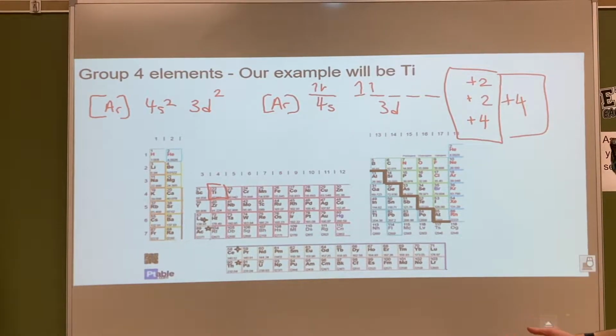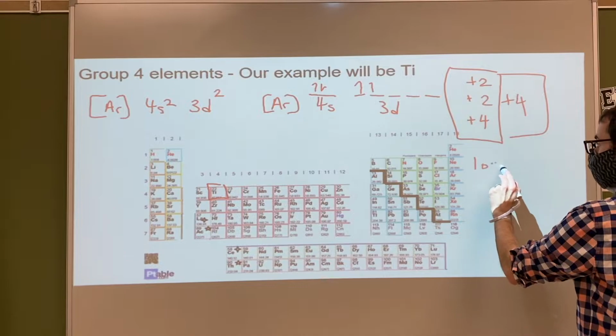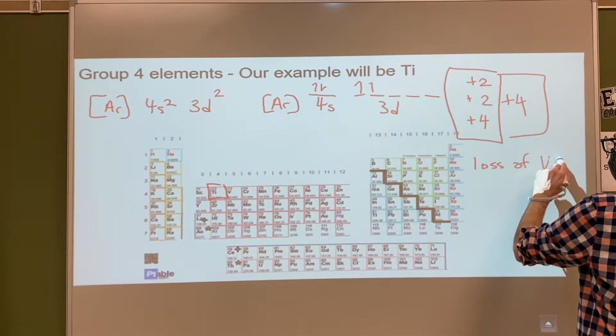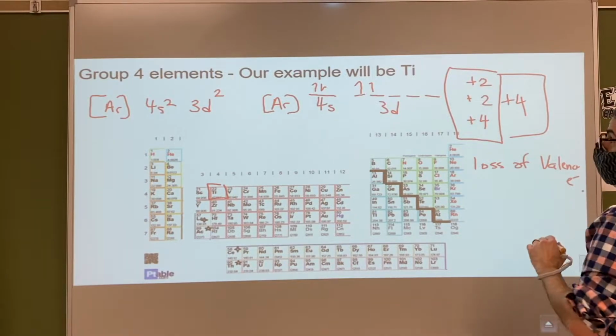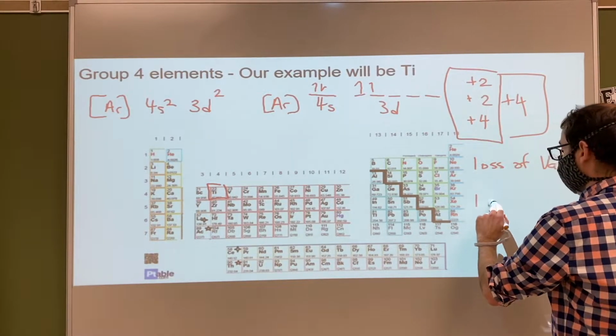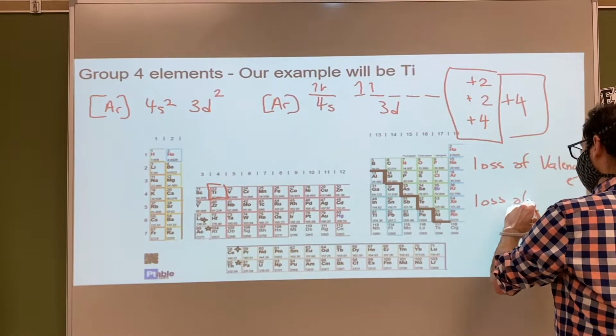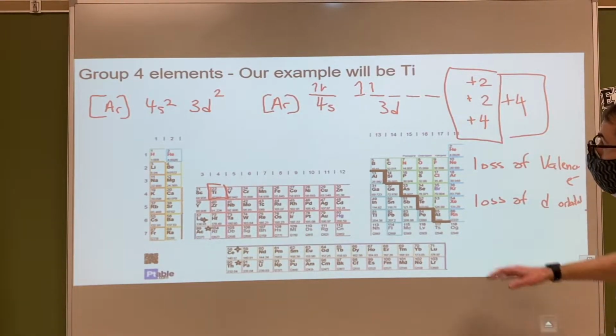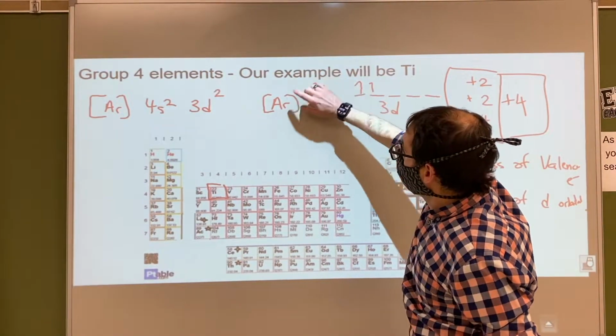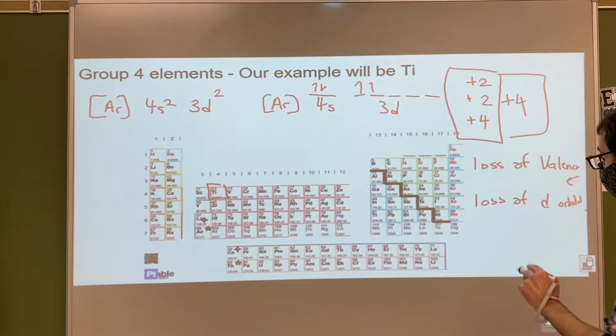All right, let's give it some reasons. So loss of valence electrons, and then loss of d orbital. And once you get rid of all of these, it's isoelectronic to argon.